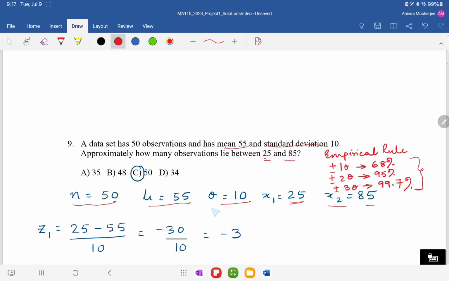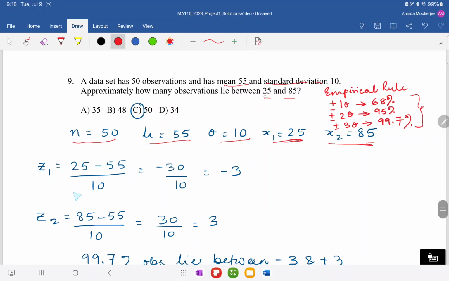So what we have to do is find the z values first, and there'll be two z values, one for x sub 1, the other for x sub 2. So z sub 1 is 25 minus 55 divided by 10, which is negative 30 divided by 10, which is negative 3.